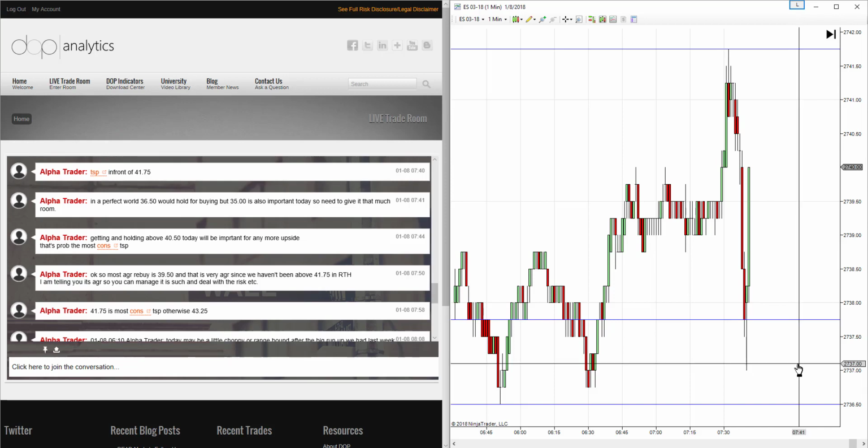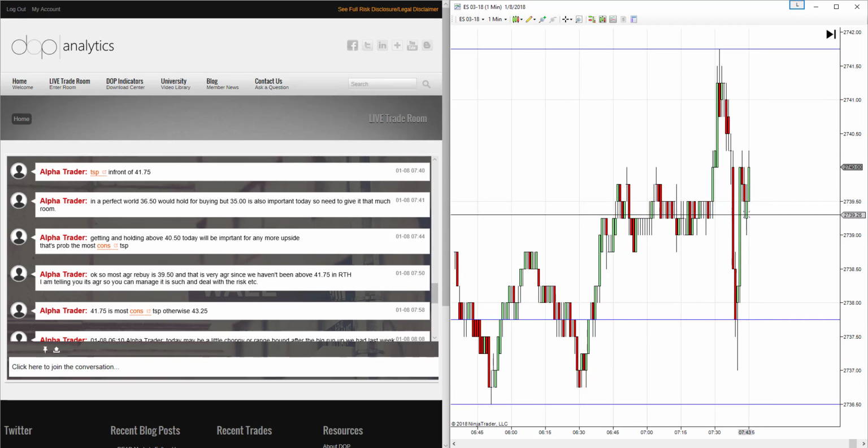Okay, then 4 minutes later, it's actually 45, but on this green candle over here, getting and holding above 40.5. So you can put additional levels on your charts if you want to. You just have to remember what they're for. Okay, if you want to keep it clean and uncluttered, entries and exit prices are really all you need.